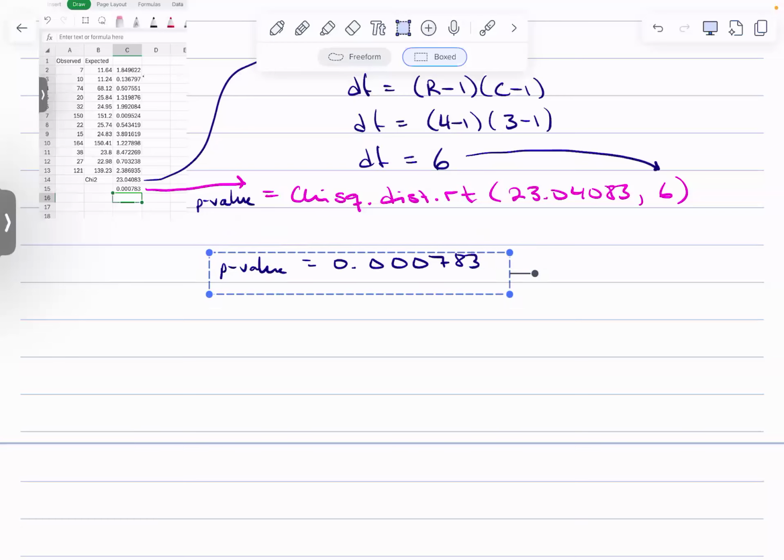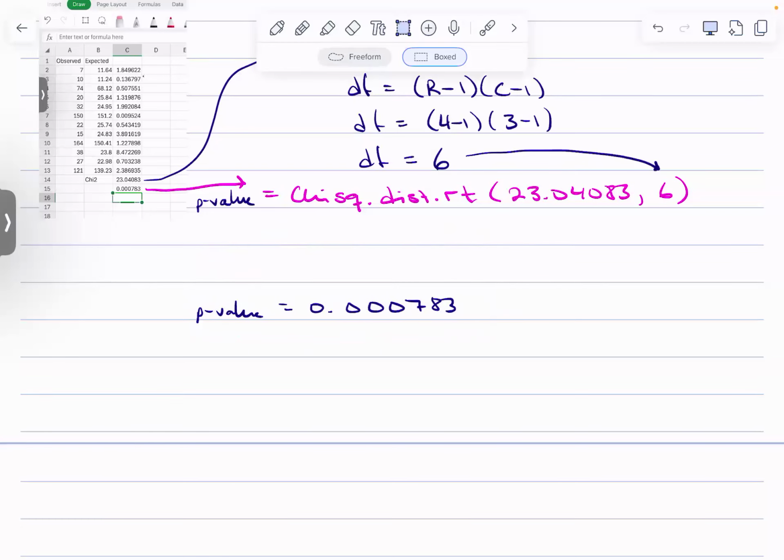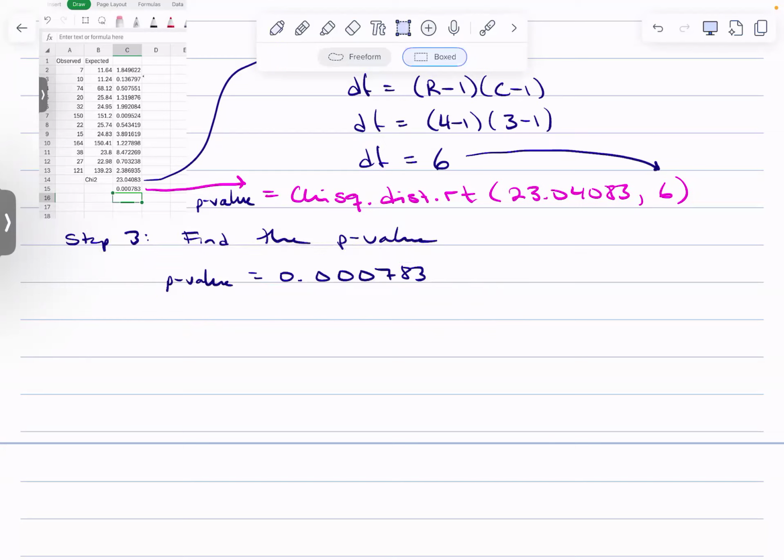Oh, I guess I should label the steps. Step 3, find the p-value. Using Excel.